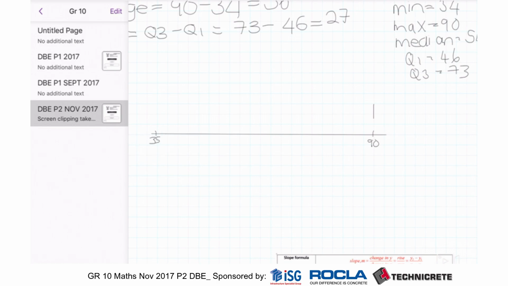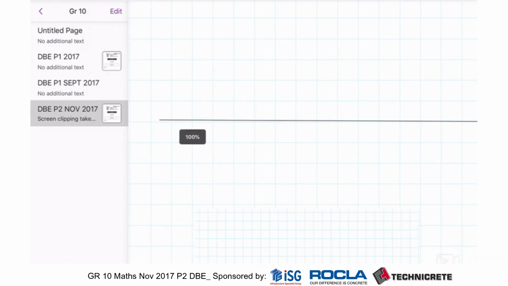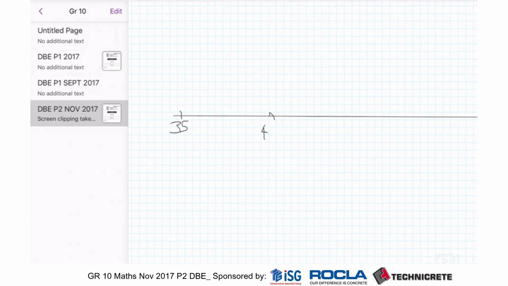So 35, I'm going to go in blocks of 5. Let's rather change the view so that it's easier for us to draw a lot more. Okay, that's a lot better. So zooming in now. Let's remake our line.